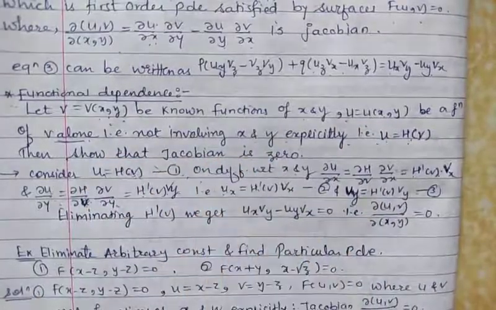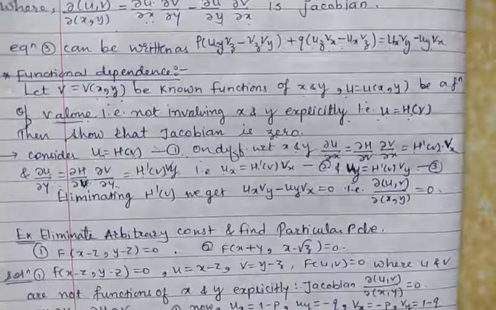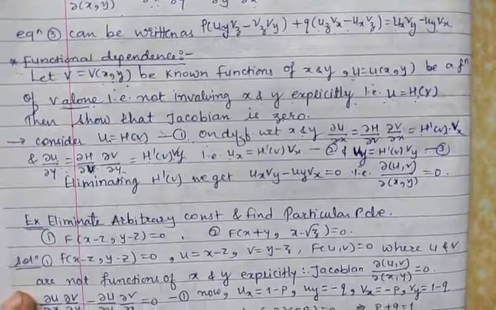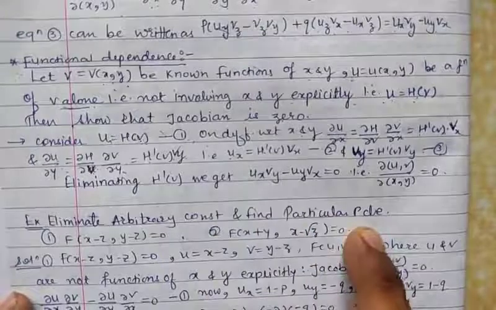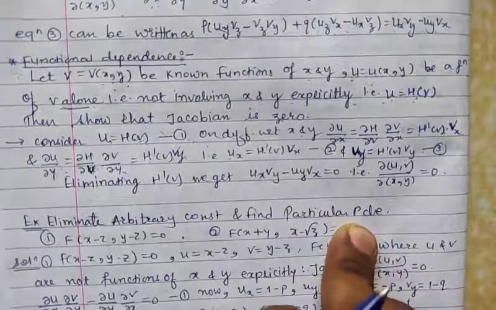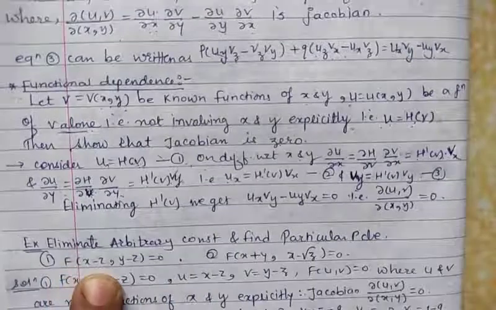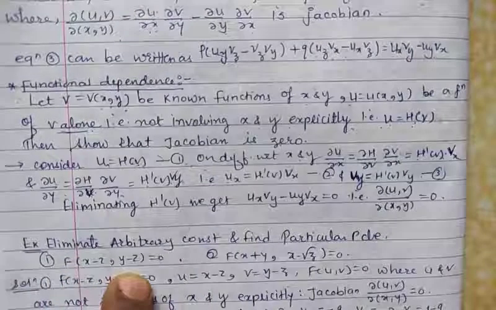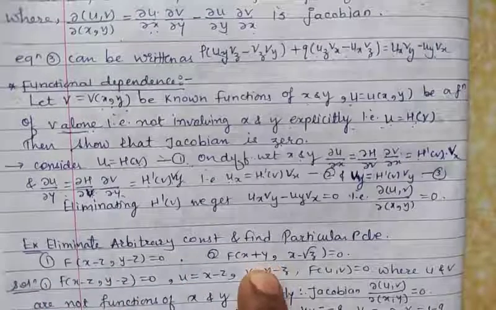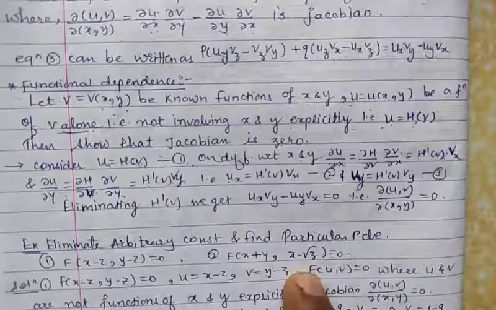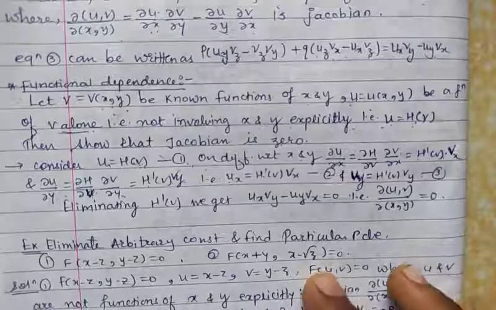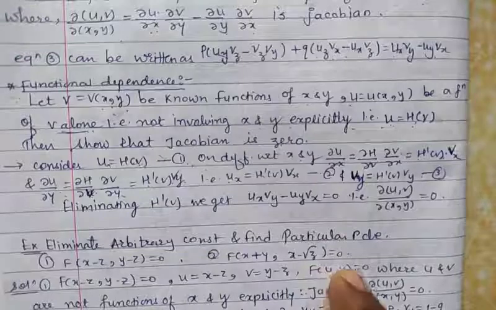Okay, now we will see the examples based on this. Eliminate the arbitrary constants of the following particular partial differential equations. The first equation is f of x minus z comma y minus z is equal to 0, and the second equation is f of x plus y comma x minus root z is equal to 0.